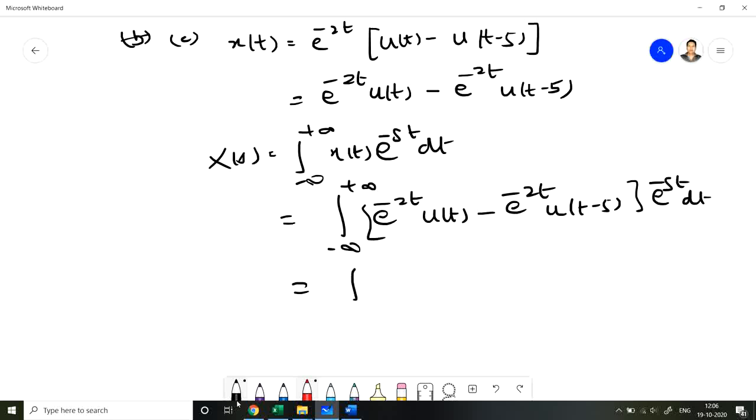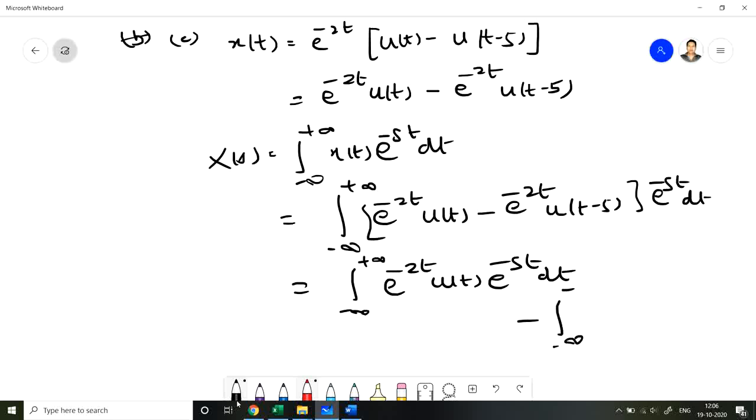So it is equal to the integral of e^(−2t) u(t) e^(−st) dt minus the integral of e^(−2t) u(t − 5) e^(−st) dt. So this is X(s).